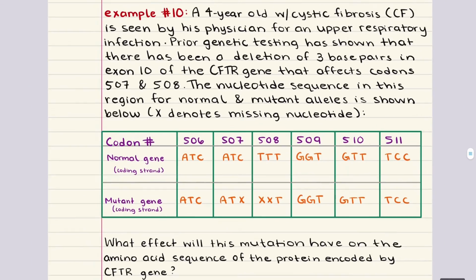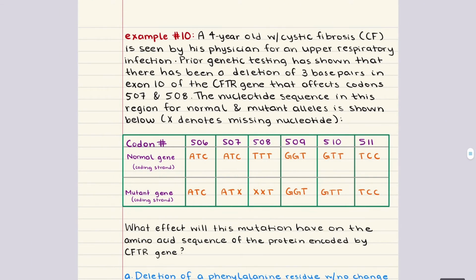Let's move on to problem 10. Problem 10 says, a 4-year-old with cystic fibrosis is seen by his physician for an upper respiratory infection. Prior genetic testing has shown that there has been a deletion of 3 base pairs in exon 10 of the CFTR gene that affects codons 507 and 508.